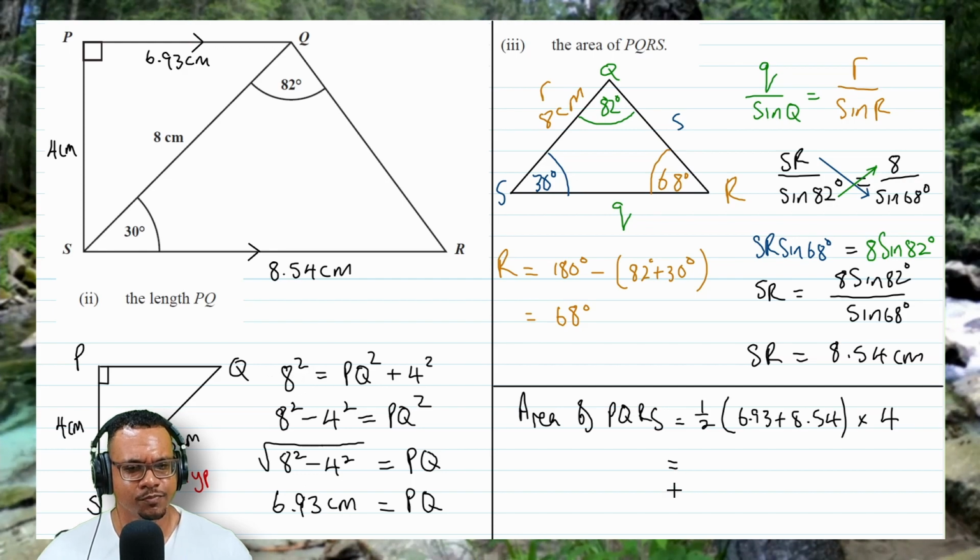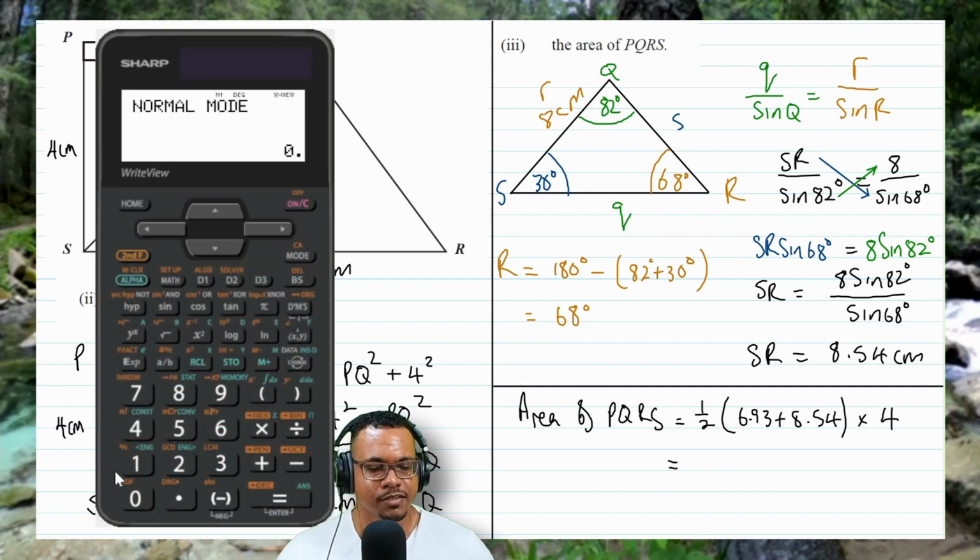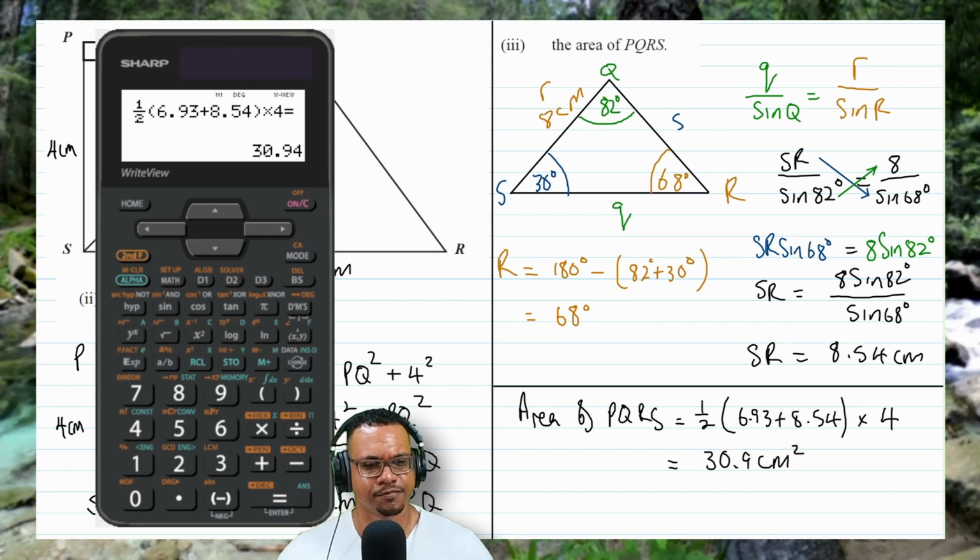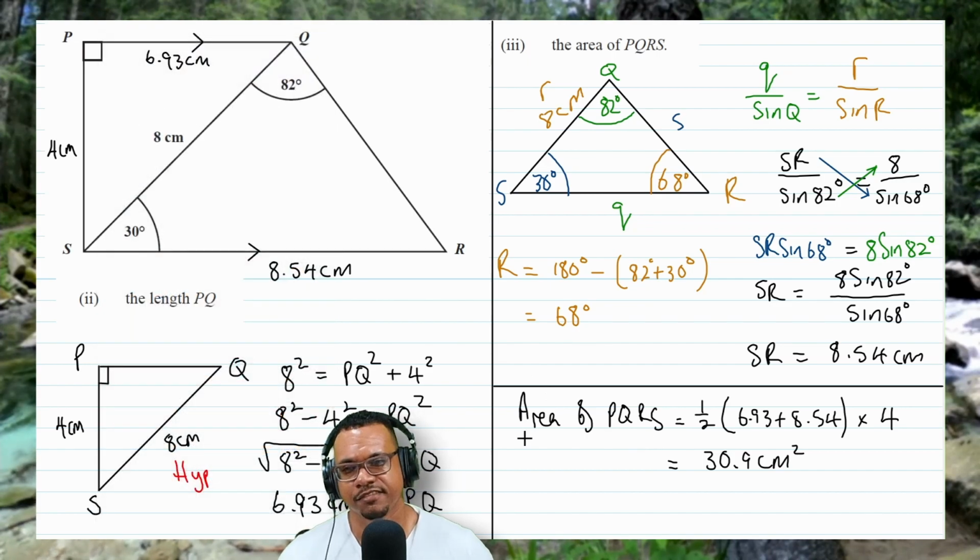So that'll be equal to, let's put that in the calculator. So a half is 1 over 2, open brackets, sum of the two parallel sides, that's 6.93 plus 8.54, close brackets, and then you're going to multiply that by 4. And you'll get 30.94. So to three significant figures, that's 30.9 centimeters squared. And that's it for this video.